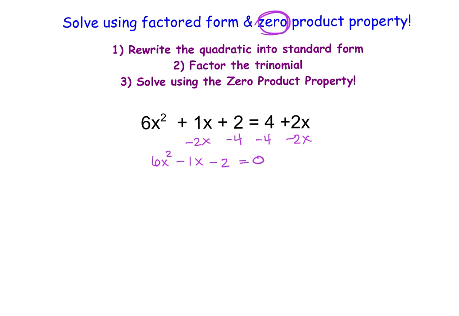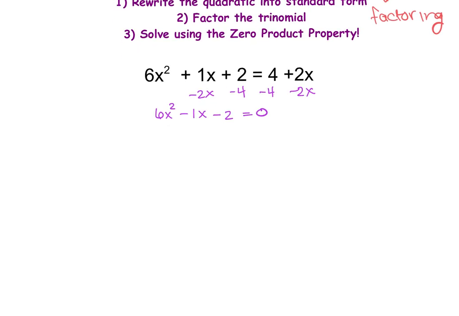So we start off by setting it equal to 0, so we have the 0 part of the zero product property. Now we're going to flip this around and turn this into a product. And remember, we can turn things into a product by using factoring. So that's what we're going to do here. So we're going to use our a, b, and c values to help us out here.